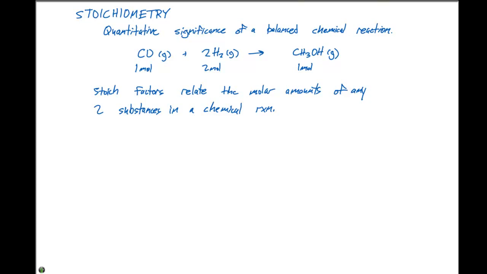So from this we can answer various examples, like the following. In this example, we're going to ask how many moles of H2 is needed to produce 5.4 moles of CH3OH.